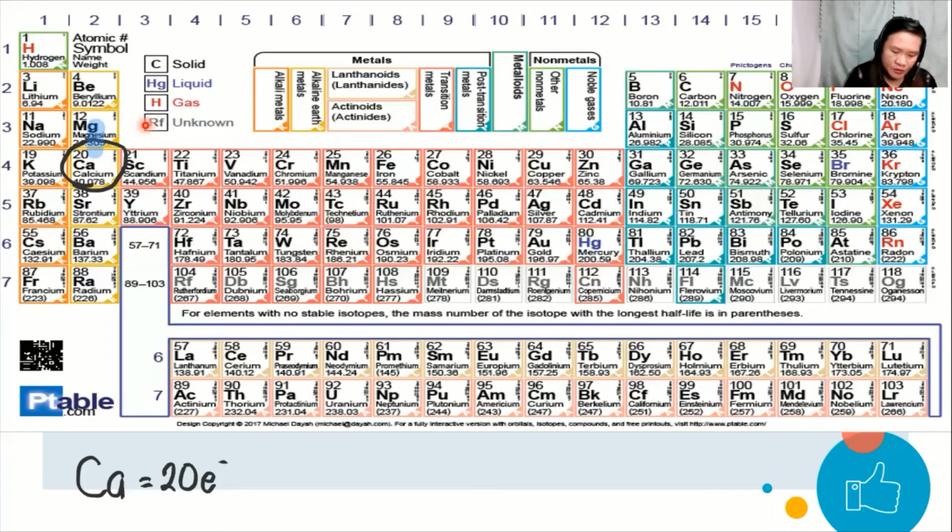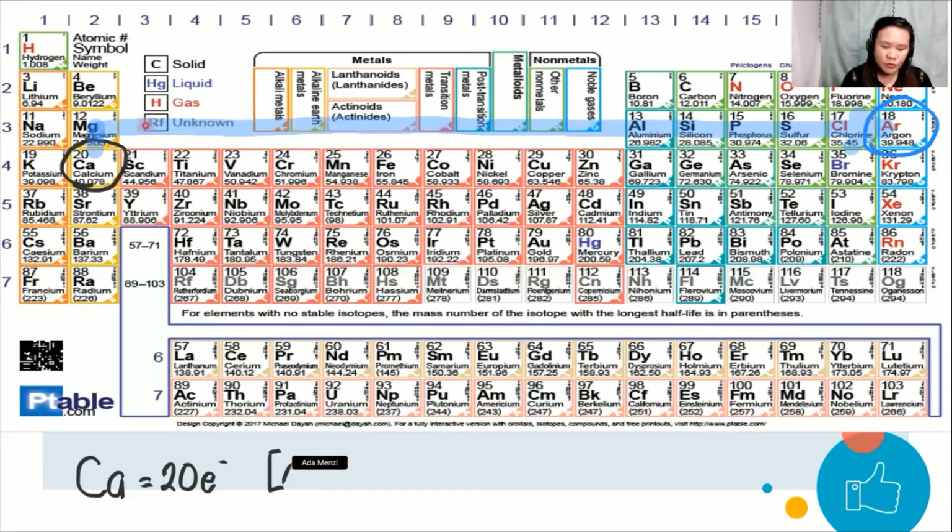The noble gas above it will be argon. So we just write argon, and the argon should be inside a bracket. Next, after that, we count how many electrons are left.